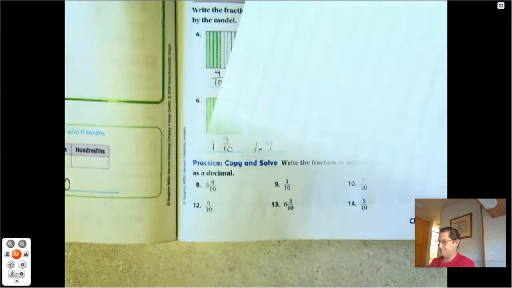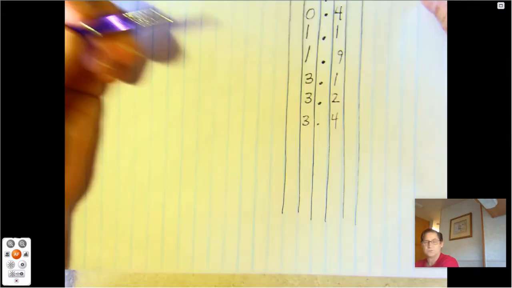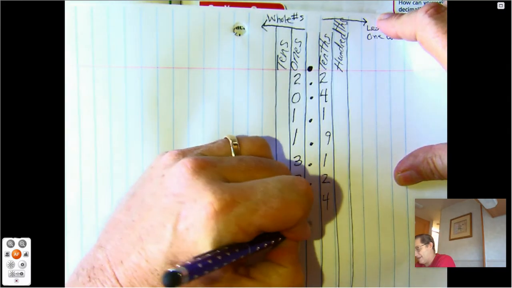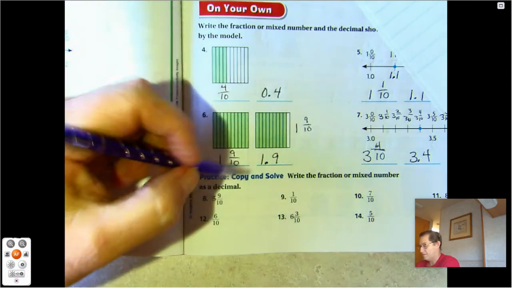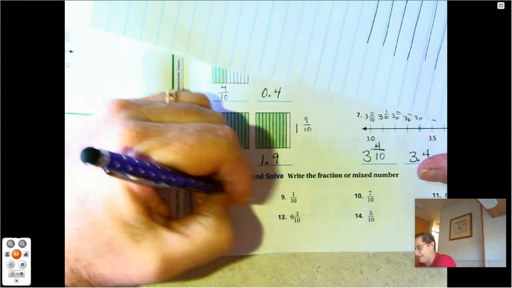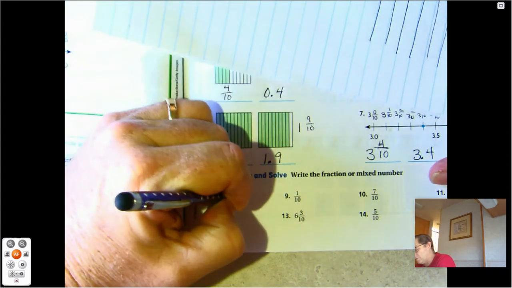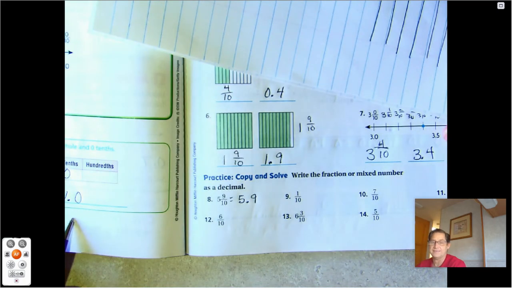All right, number 8. 5 and 9/10. So let's just write it the way we say it. 5 and 9/10. Write the fraction or mixed number as a decimal. Okay, so it's already written as a mixed number. So we're going to just write the equivalent decimal value, 5 and 9/10.